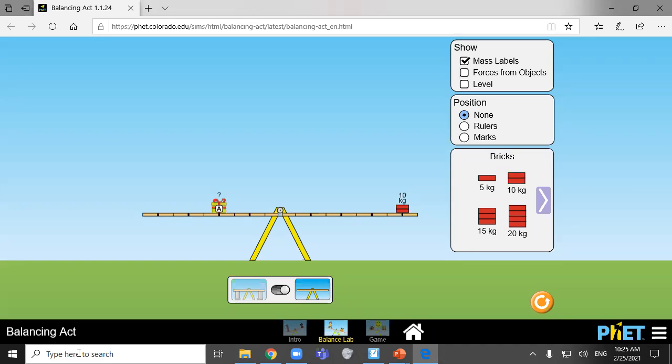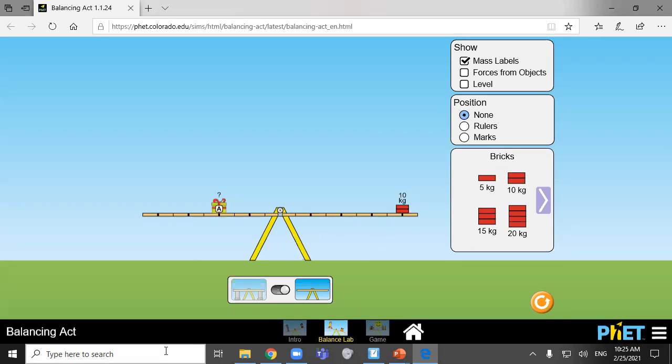Okay, so here, now we know it is balanced. That means the torque should be equal, because this one on the left side is counterclockwise. So we will say A multiplied by 2 must be equal to 10 multiplied by 4. So that gives me A is equal to 20.